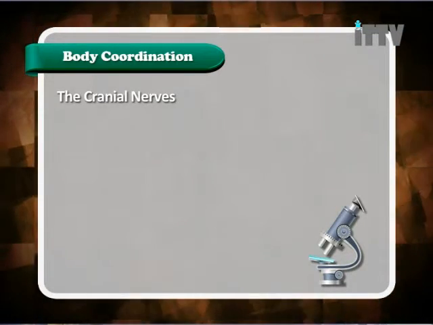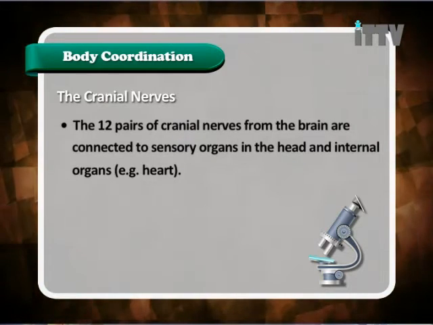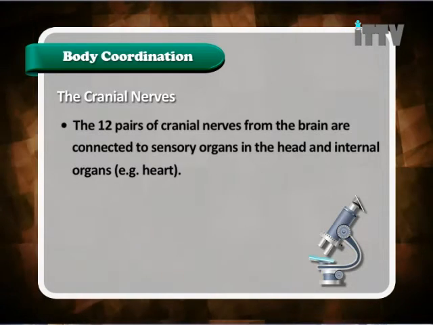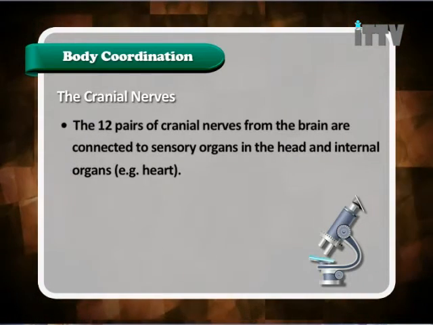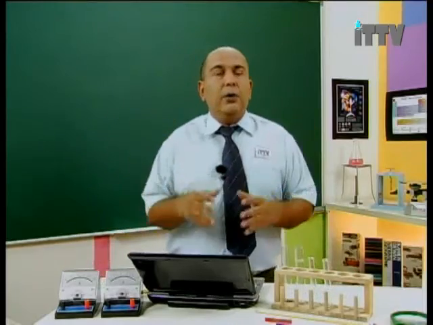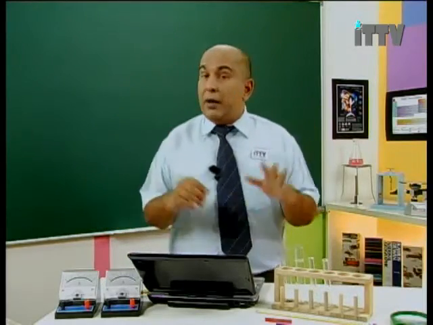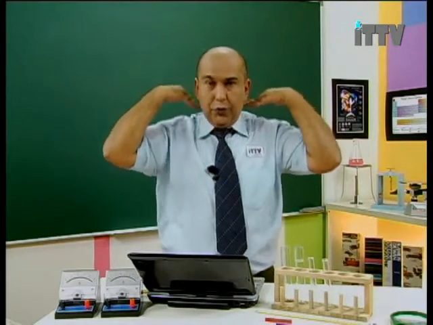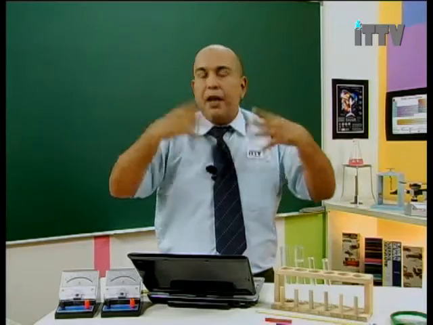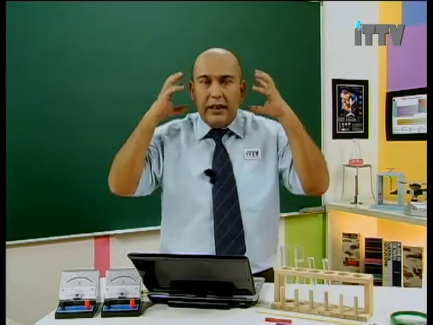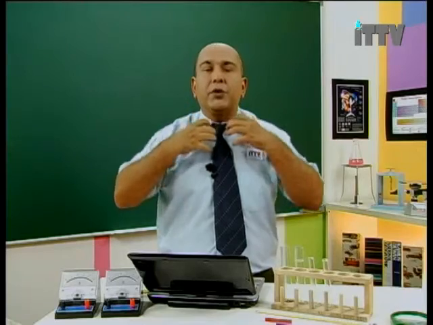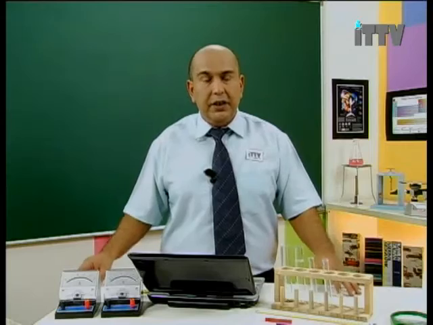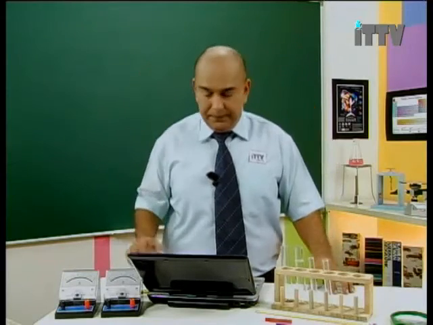Cranial nerves: the 12 pairs of cranial nerves from the brain are connected to sensory organs in the head and internal organs, for example, the heart. You need to remember that we have 12 pairs, and they come out from underneath our brain and go to all the parts of our face: eyes, cheeks, mouth, ears, and some of them go further into our body to our lungs and heart. They connect back to the brain.